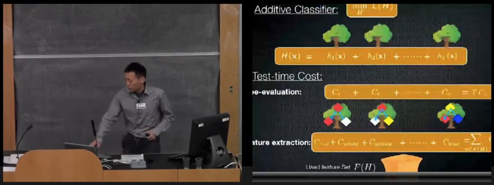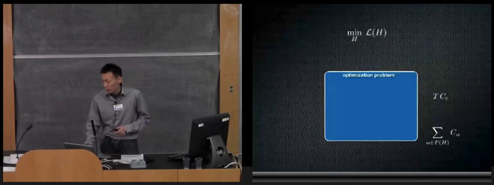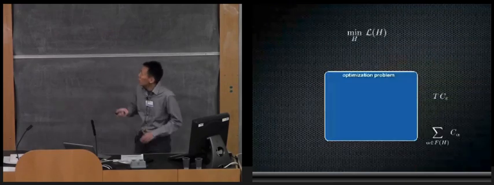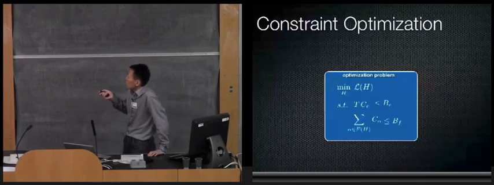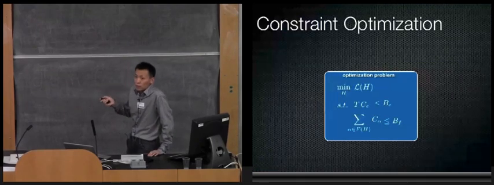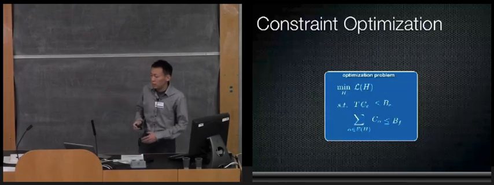So how do we do this? We formulate it as an optimization problem. The objective is to minimize the loss, such that the tree evaluation cost is less than the tree evaluation budget, and the feature extraction cost is less than the feature extraction budget.